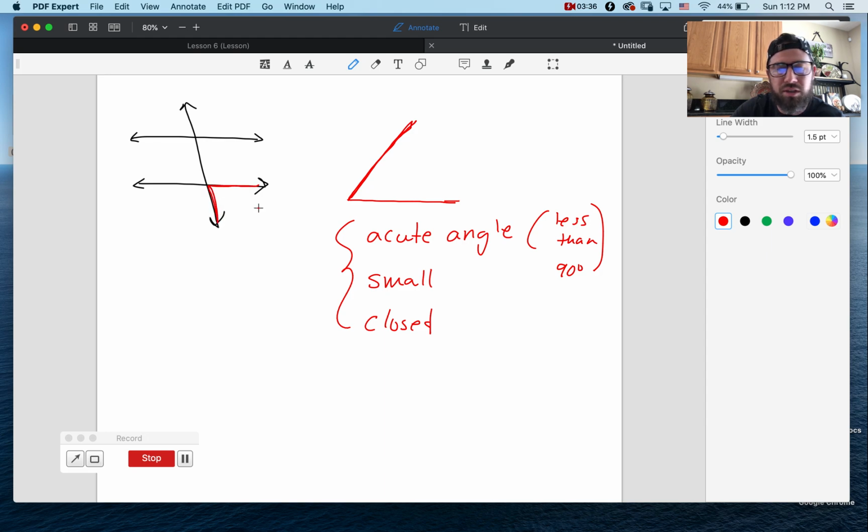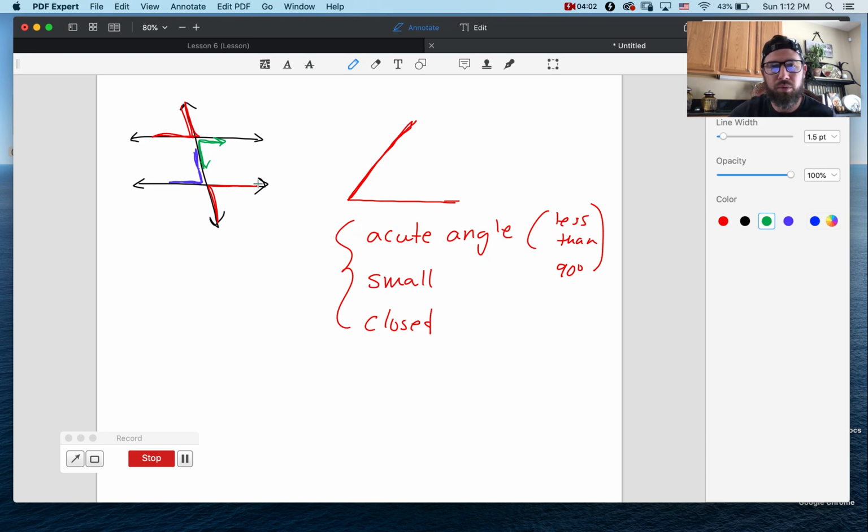He's small, he's closed, he's less than 90. Where's another acute angle? This guy right here. He's small, he's closed, he's less than 90. Another one right here, and another. You've got to be able to identify those.